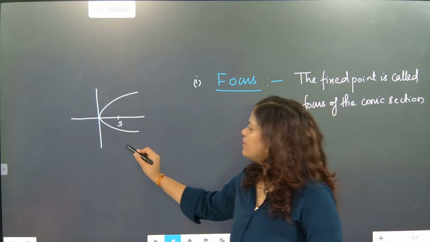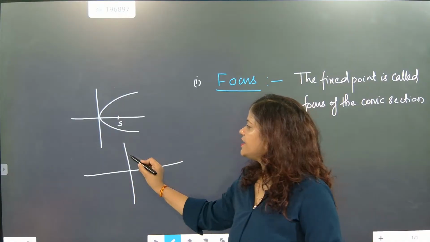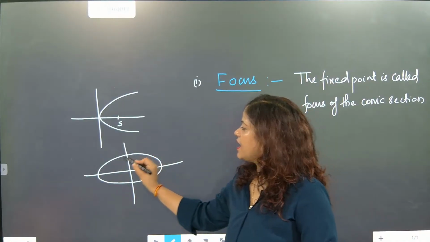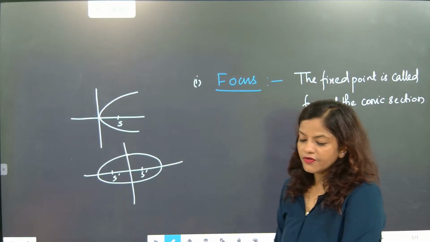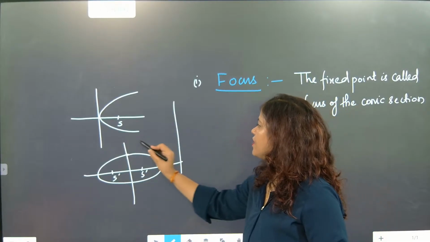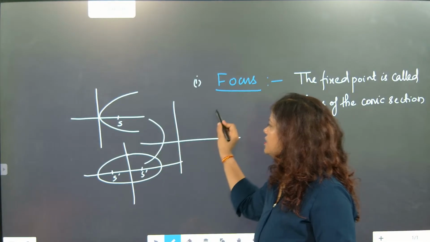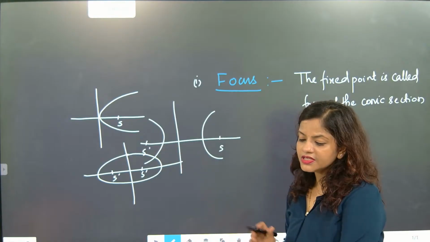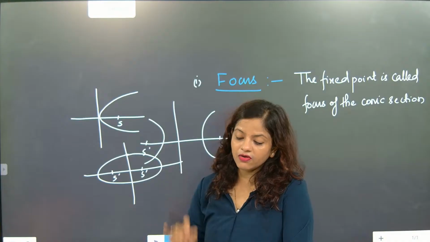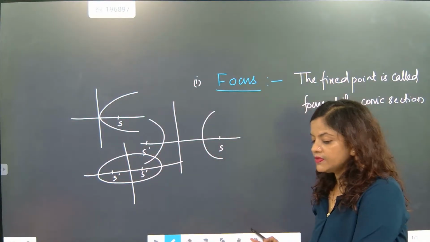If I am drawing an ellipse, two foci will be there and they are fixed points. If I am drawing a hyperbola, then too the focus will be fixed. So in all the sections, whenever we are drawing, the focus becomes the fixed point.